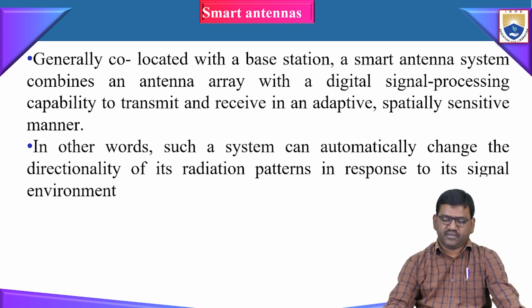So when more subscribers are there in one particular area, automatically the smart antenna will direct all its radiated energy to that particular direction. So we are going to design a smart antenna so that it works automatically. It will change the directionality of its radiation pattern.